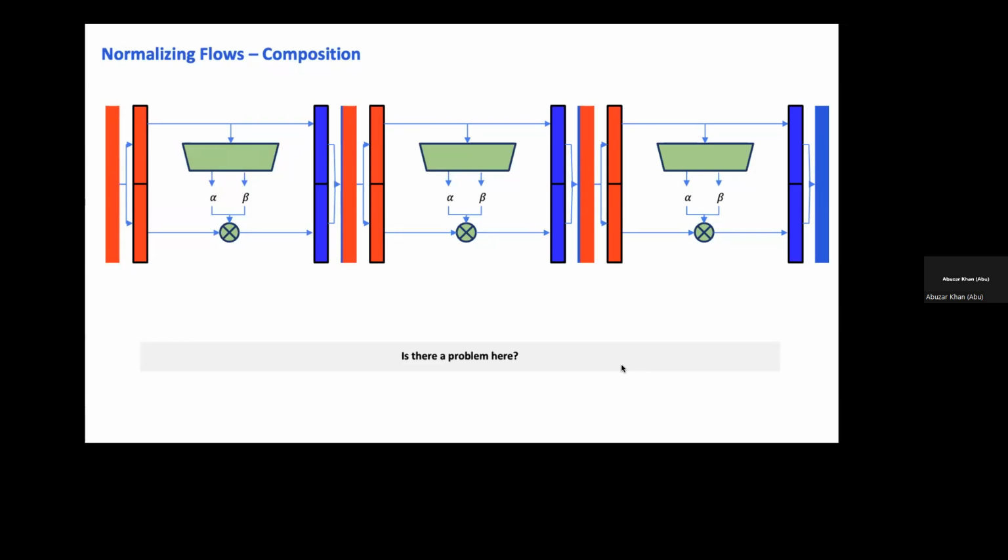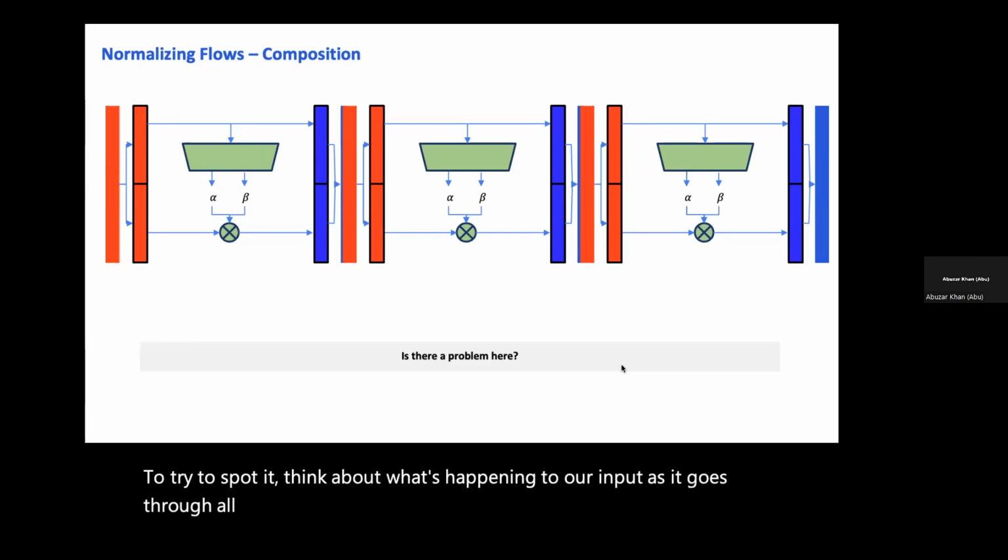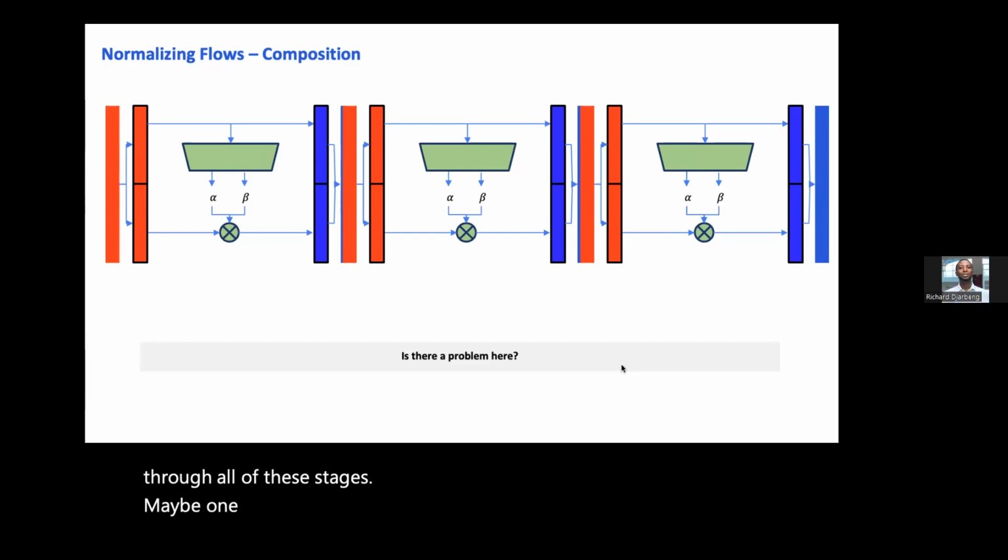To try to spot it, think about what's happening to our input as it goes through all of these stages. Maybe one part of X remains the same throughout.